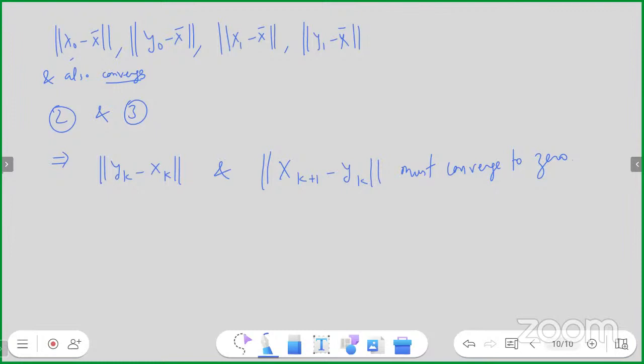What's happening to this sequence? This is converging. And what kind of sequence is this? It's a difference between them. So if this sequence is converging, the difference sequence better converge to 0. You're not happy? Really, less than difference. Just converge to 0 is enough.